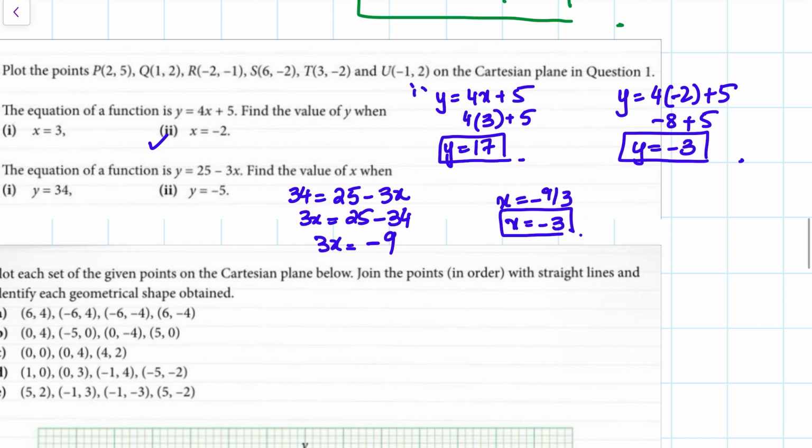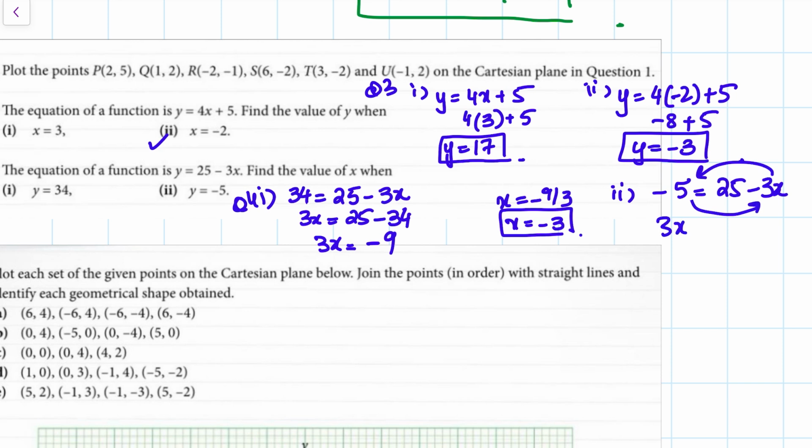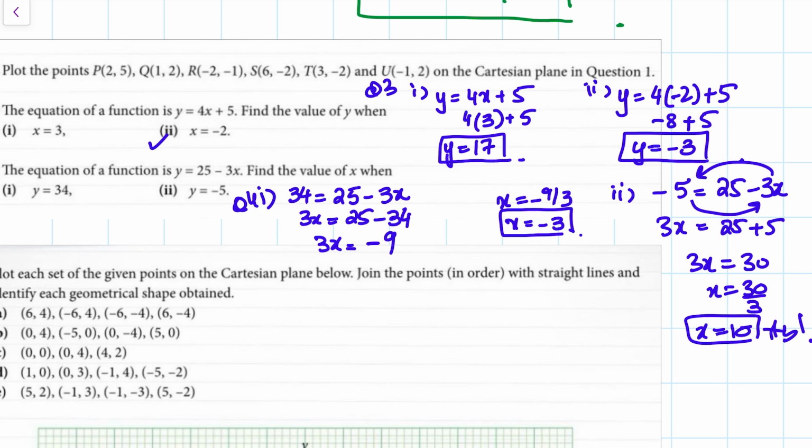Next, second part. This is the first part. This is the second part of question 3. Question 4, part 1, part 2 now. When y equals minus 5, move this here and this here. That's going to be my answer.